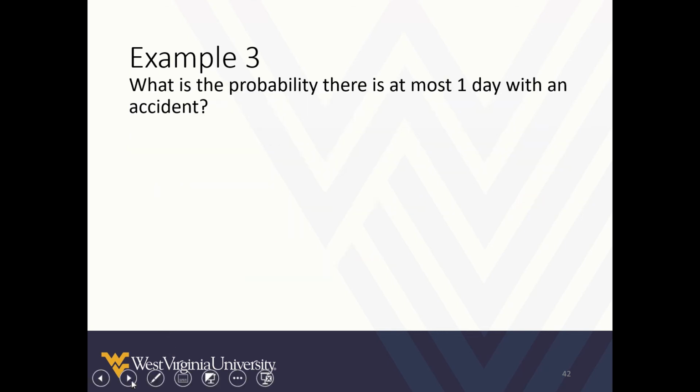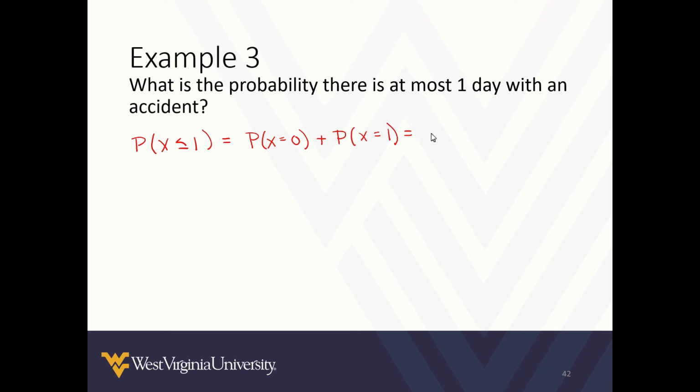But let's extend this example and say, what is the probability that there is at most one day with an accident? Meaning we want to know what is the probability that x is less than or equal to 1. Now in this situation, I don't mind calculating it out directly because it is really just finding the probability of x equal to 0 and adding it to the probability of x equal to 1, which we've already calculated. So this is going to be e to the negative 2 multiplied by 2 to the 0 over 0 factorial.